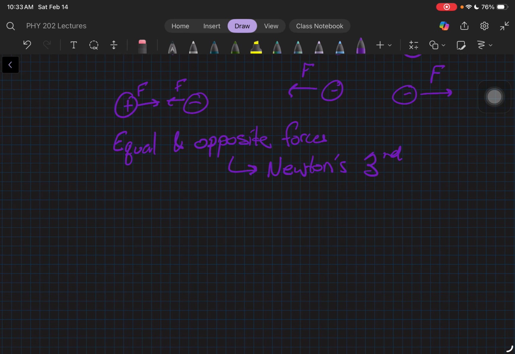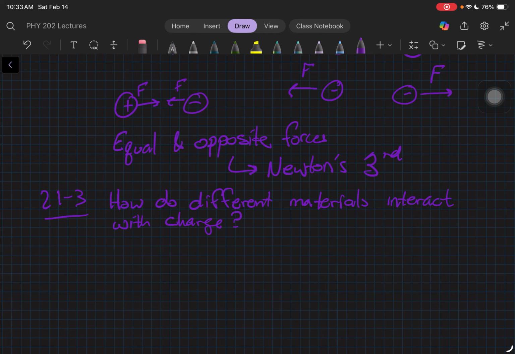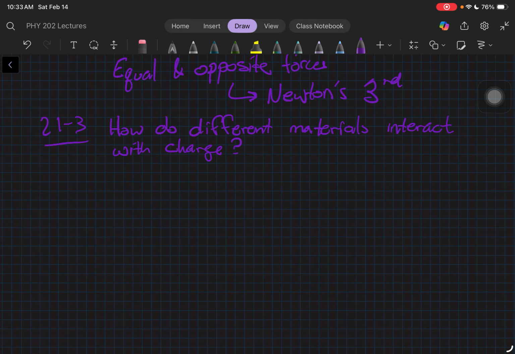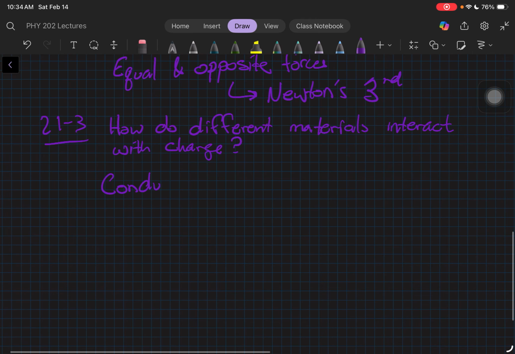And so we can talk about the different ways materials interact with charge. We have materials that charge can flow through easily: conductors.